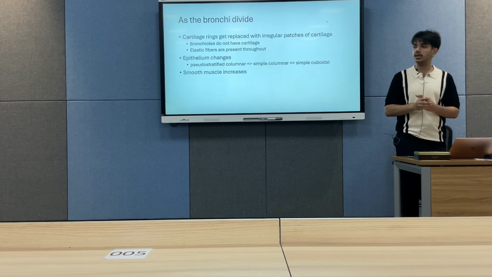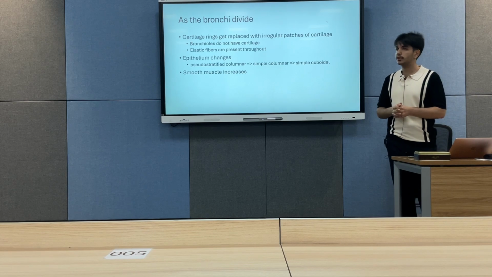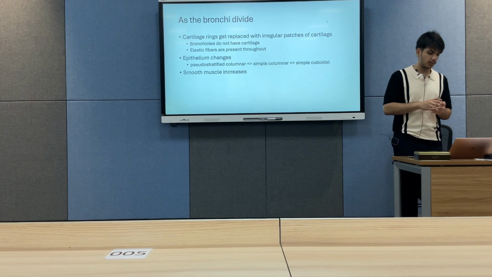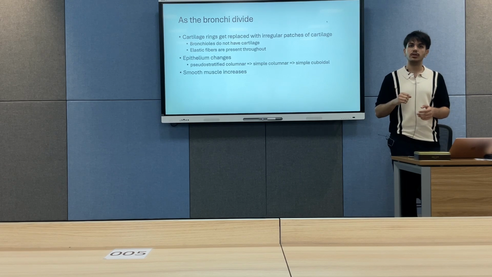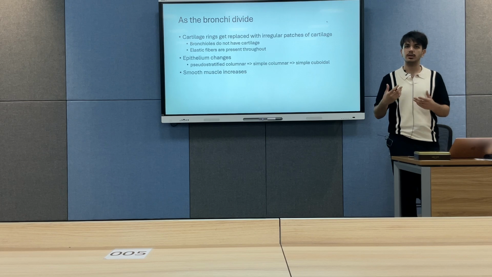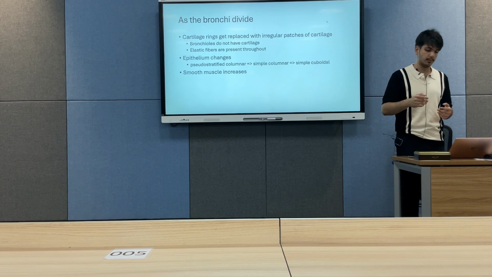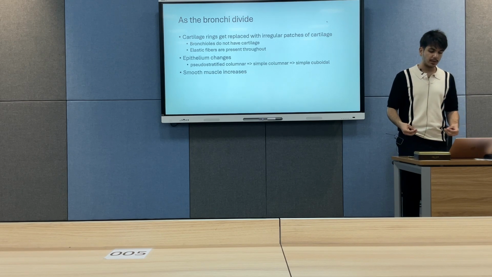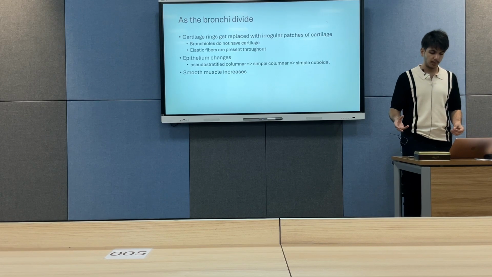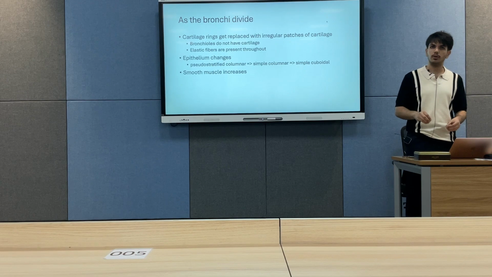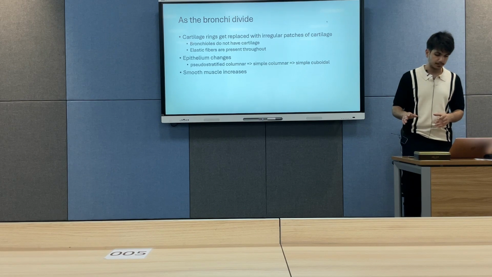The epithelium changes slowly from pseudostratified columnar to simple columnar to simple cuboidal, and smooth muscle increases. We need the constriction at the end to increase resistance for certain functions, such as when we're exhaling air. The mucosal epithelium thins, changing to simple cuboidal in the terminal bronchioles.